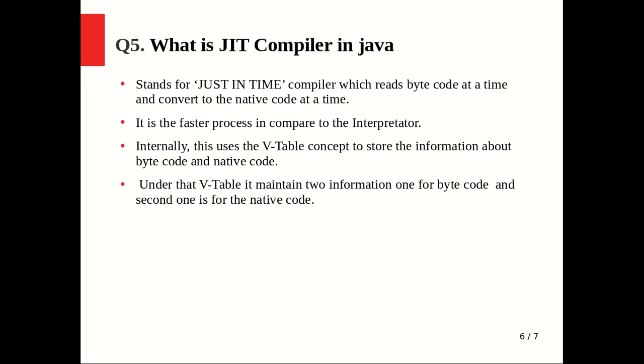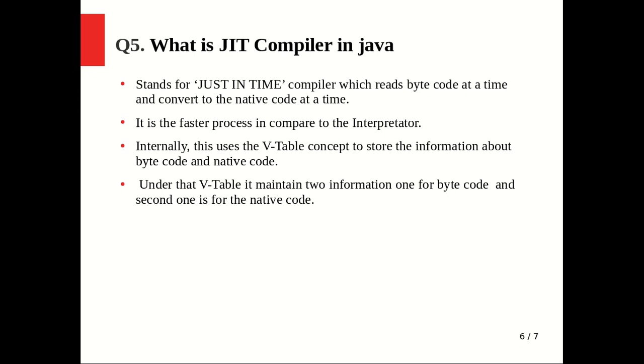Each entry in this table is simply a function pointer that points to the most derived function accessible to that class. So in layman's language, you can understand the V table as a set of arrays, and this set of arrays is maintained internally by the compiler.